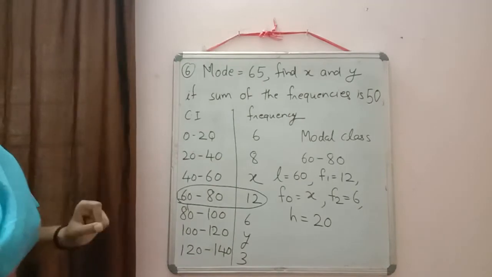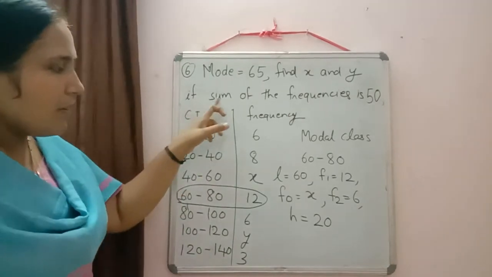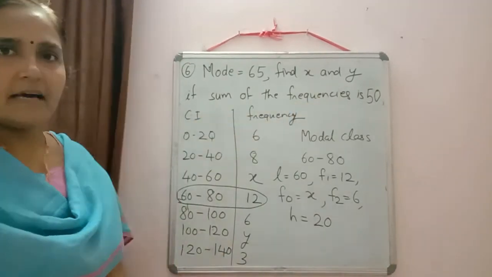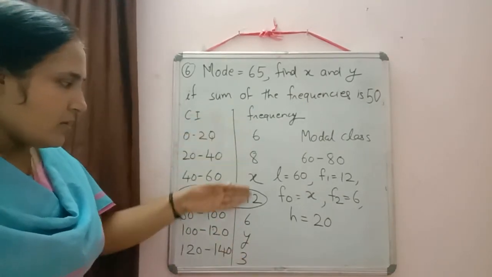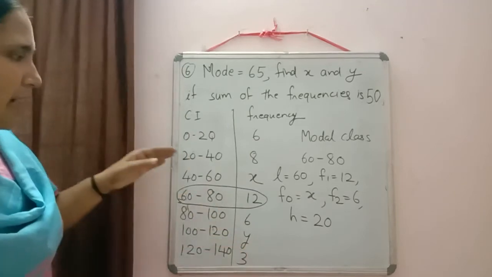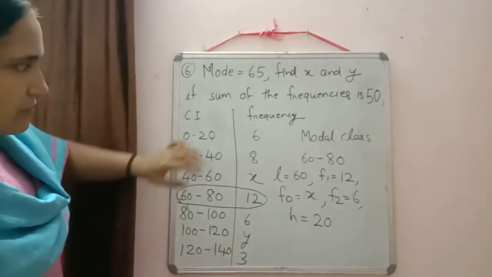Now one more piece of information is given, that is the sum of all the frequencies is 50. Normally how do we get the sum? By adding all these numbers. So we can add all these numbers to check what will come.